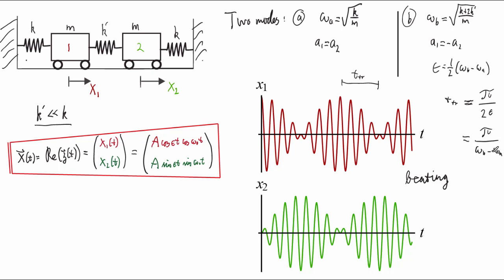So the closer they are to each other, the more slowly the motion gets transferred from one cart to the other, and that hangs together with k prime, the coupling constant, being smaller.